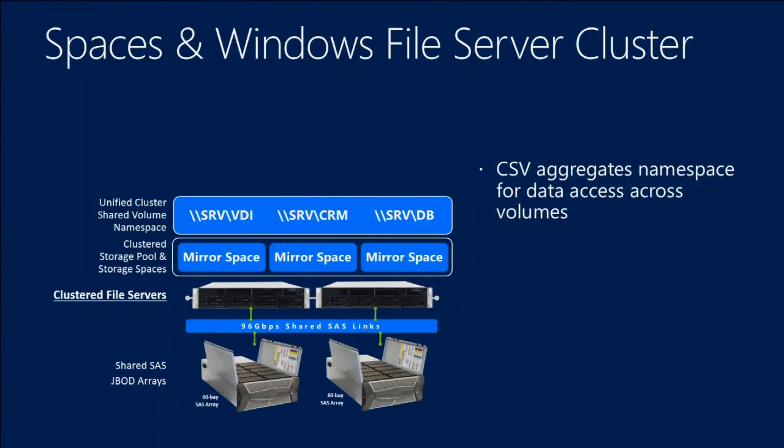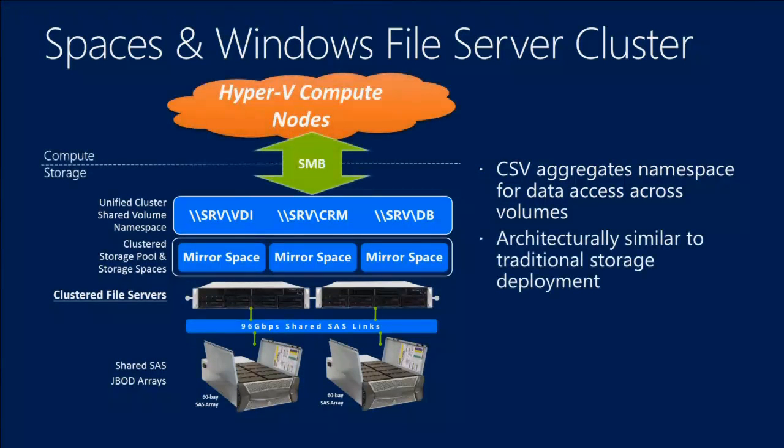Cluster Shared Volumes unify the storage across the entire cluster, unifying all those virtual disks as presented by Spaces into a single namespace. I go to the cluster, and all my stuff is there. From my CSV, I then simply use scale-out file server to present shares up to my Hyper-V compute nodes.